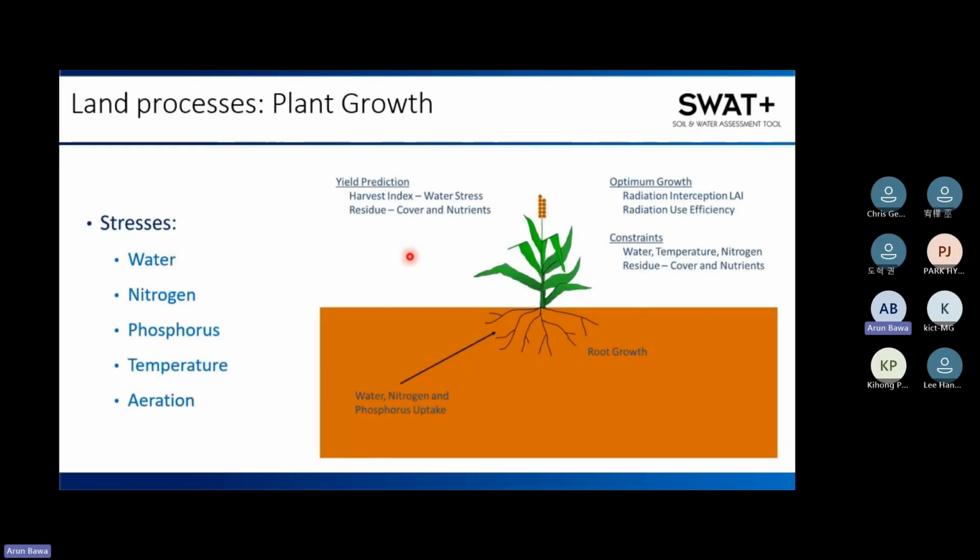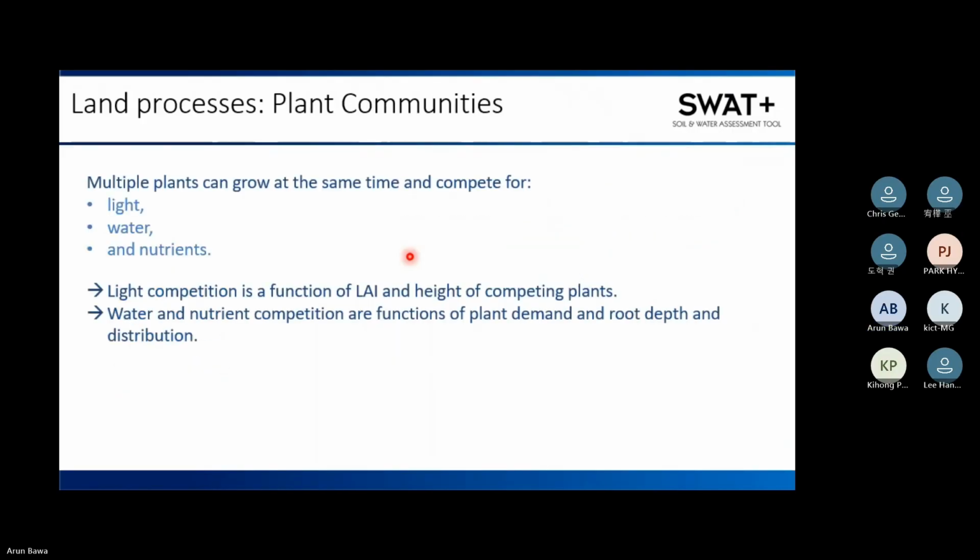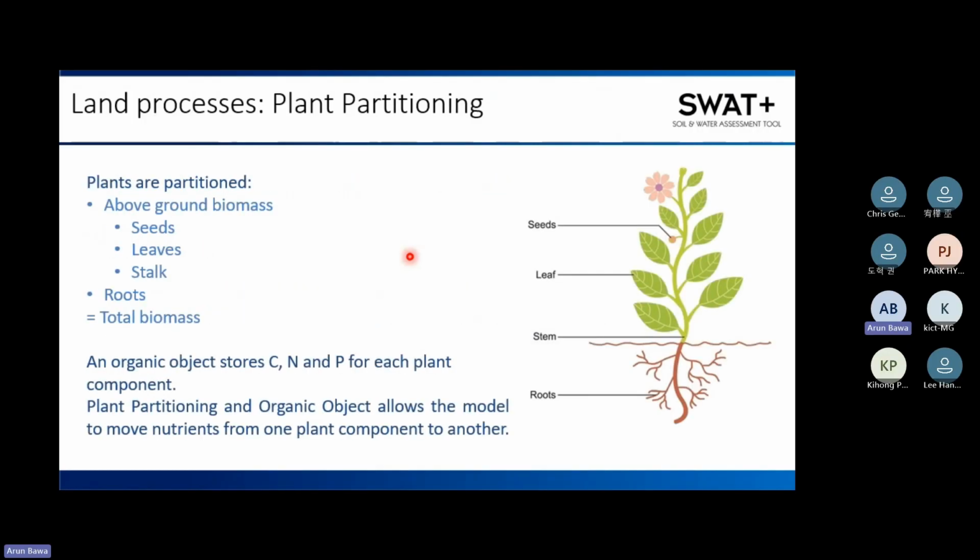So that's how all the stresses are calculated in the SWAT model. And you can grow multiple plants in one small HRU. Because the HRU is the smallest computational unit, you can grow one crop like corn, or you can do multiple crops also. But we are working on that one, it is not yet efficient.